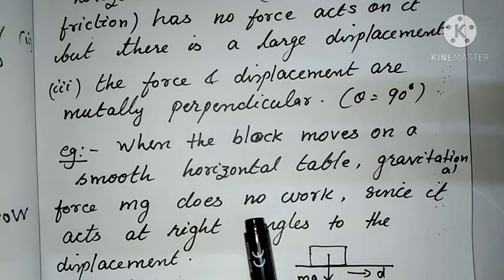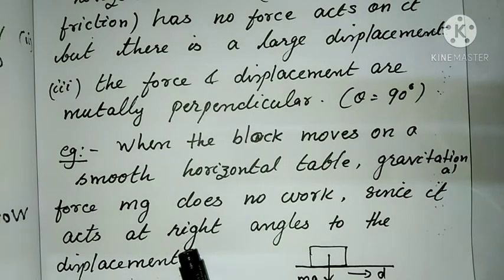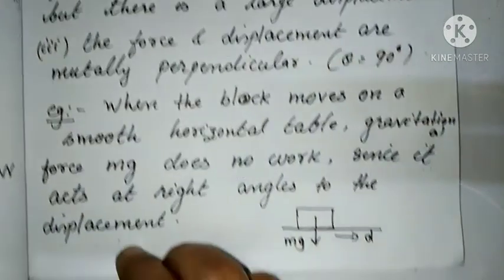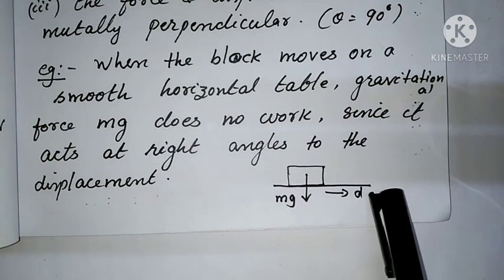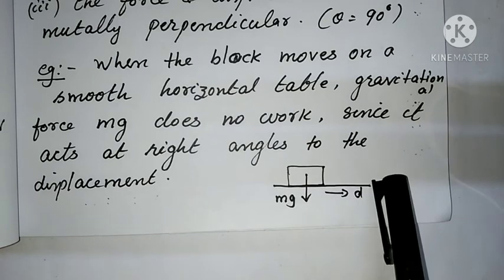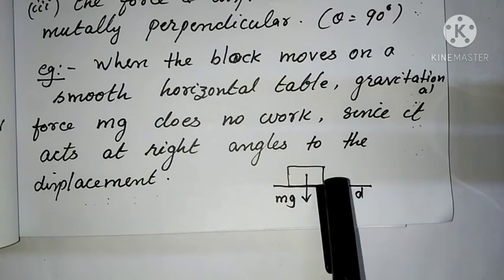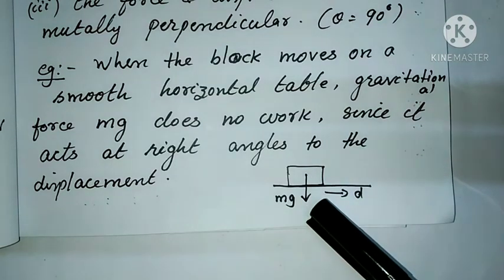Gravitational force mg does not do any work because it acts at right angles to the displacement. You will think that there is a gravitational force acting downwards, equal to the weight of the body.